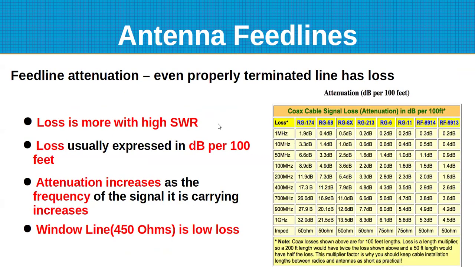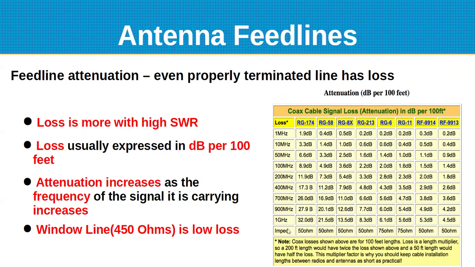Okay, here's a chart showing different types of coax and what the loss is at different frequencies. And we always specify cable loss in dB per 100 feet. It's just a standard that they adopted.